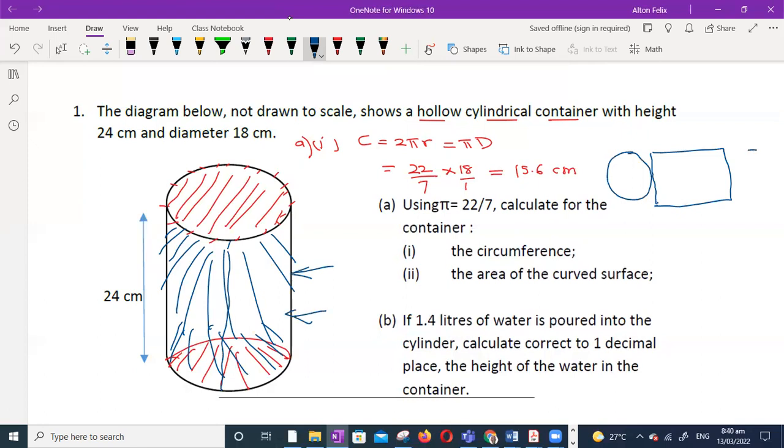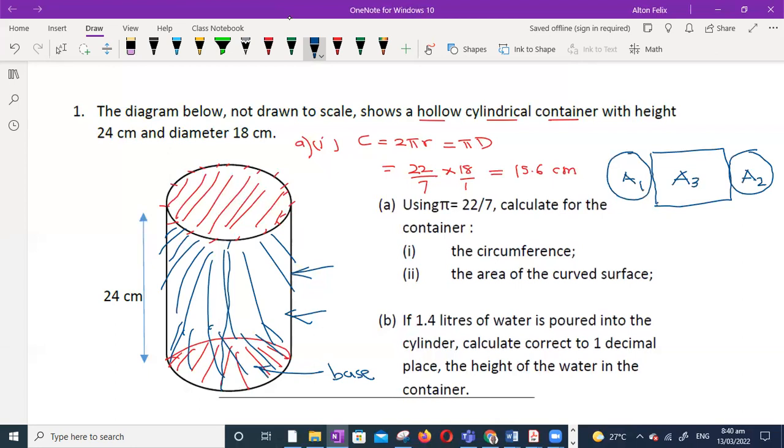And then, of course, you'll have the portion at the base, as shown in red below here. So we need to find area 1, and area 1 will be the same as area 2 because it's a cylinder. We are assuming that it is covered, as well as area 3, which is a rectangle.